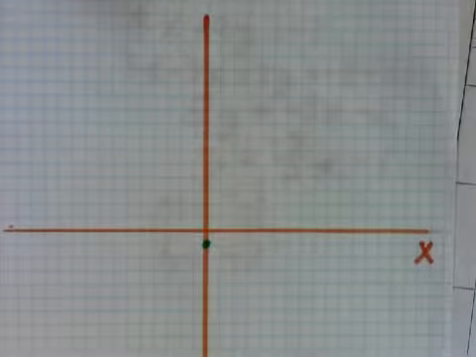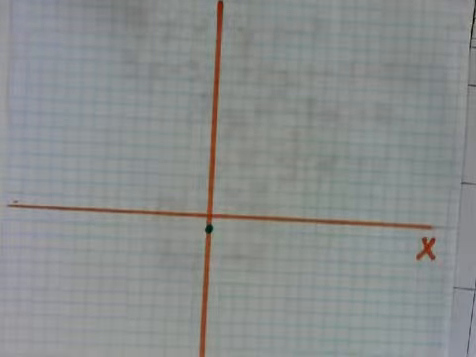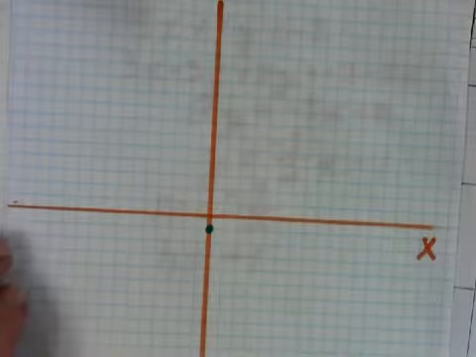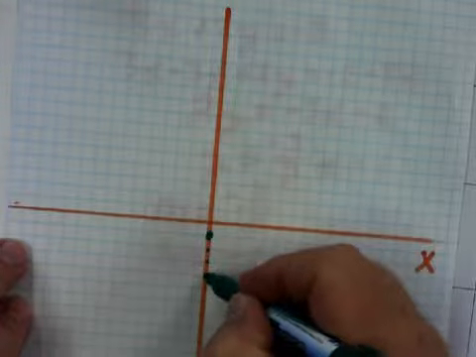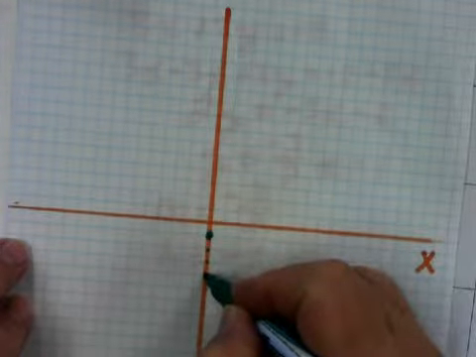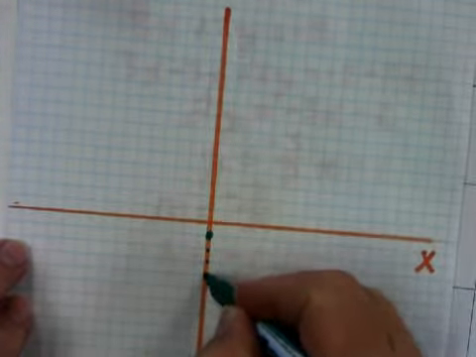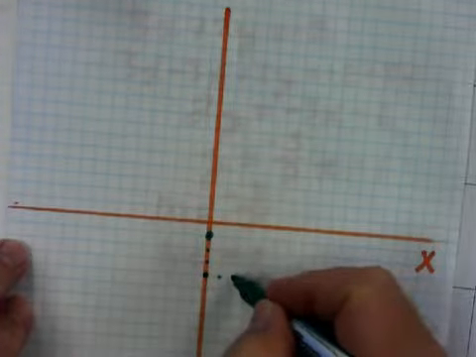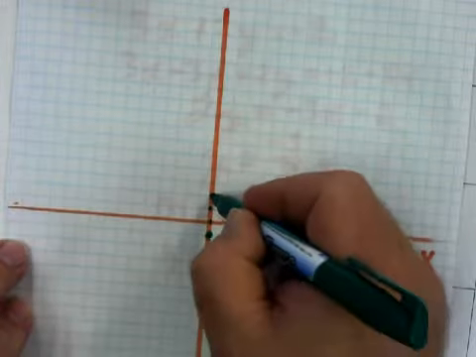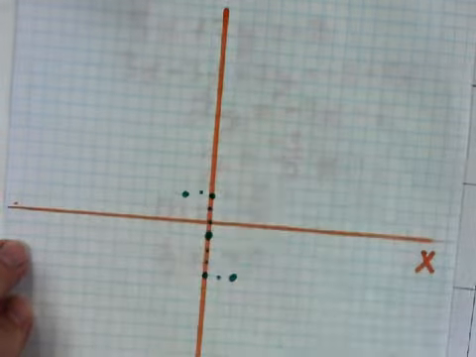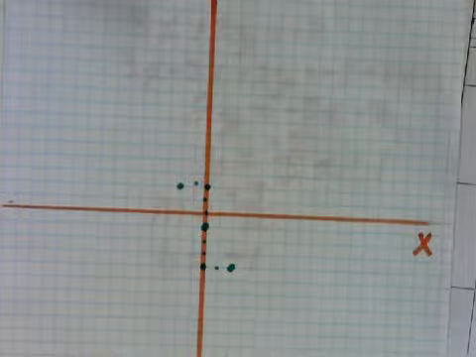So what do I need to do with the slope from that point? You go down 3 over 2. Down 3 to the right 2, or up 3 to the left 2. So I go down 3 and to the right 2, or I could have gone up 3 and to the left 2, and I have to draw that line.